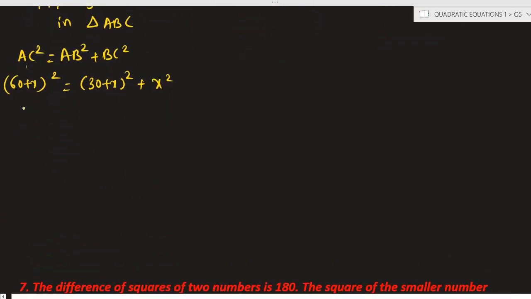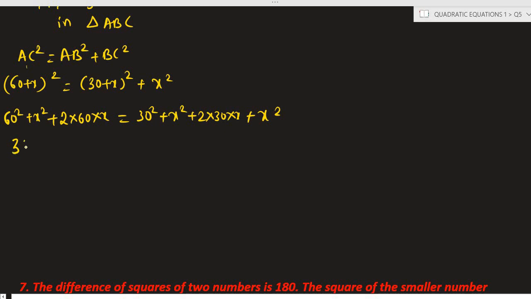That is 60 square plus x square plus 2 into 60 into x is equal to 30 square plus x square plus 2 into 30 into x plus x square. This is 3600 plus x square plus 120x, which is equal to 900 plus x square plus 2x square plus 2 into 30 is 60x.